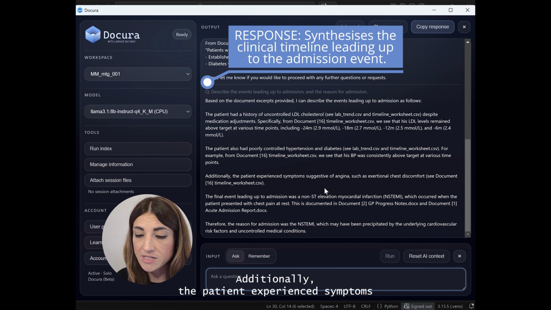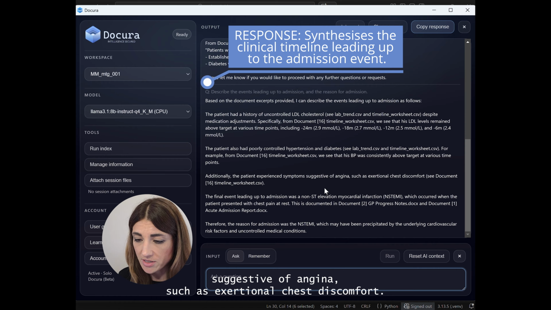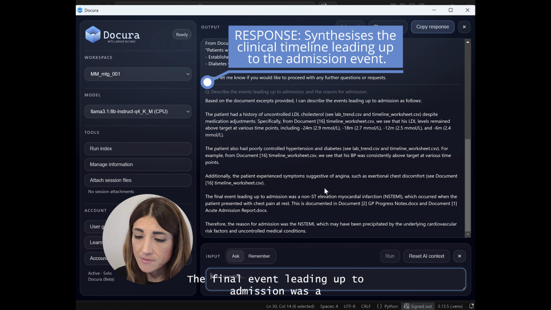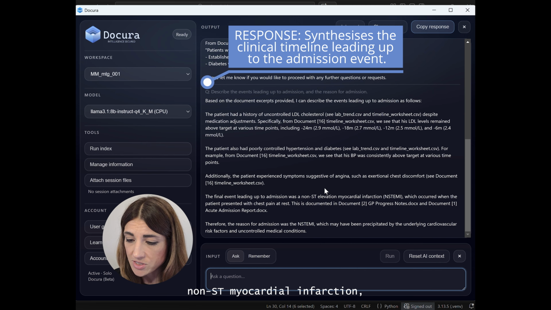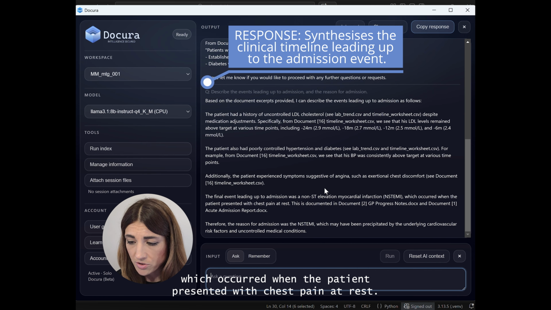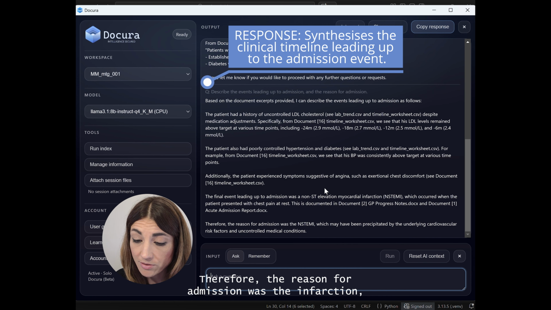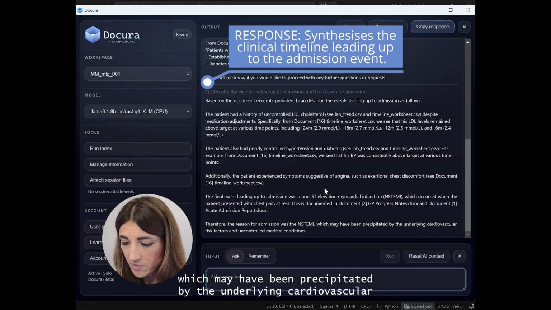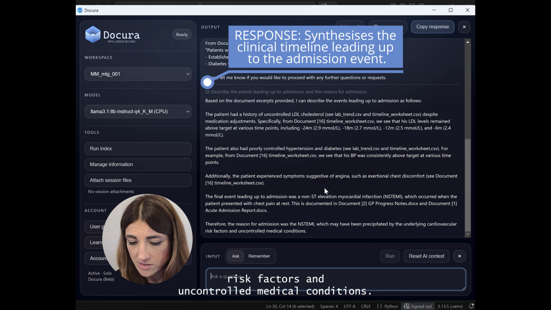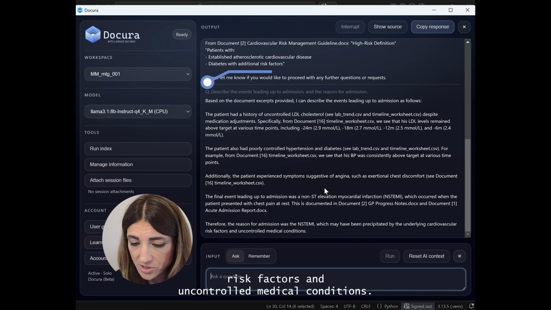Additionally, the patient experienced symptoms suggestive of angina, such as exertional chest discomfort. The final event leading up to admission was a non-ST elevation myocardial infarction, which occurred when the patient presented with chest pain at rest. Therefore, the reason for admission was the infarction, which may have been precipitated by the underlying cardiovascular risk factors and uncontrolled medical conditions.